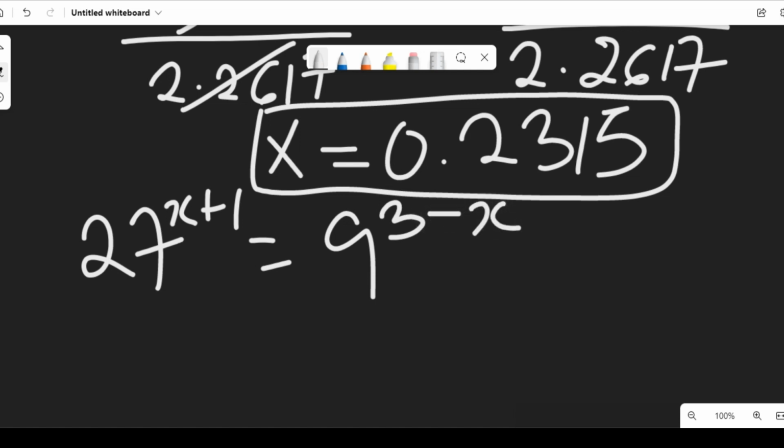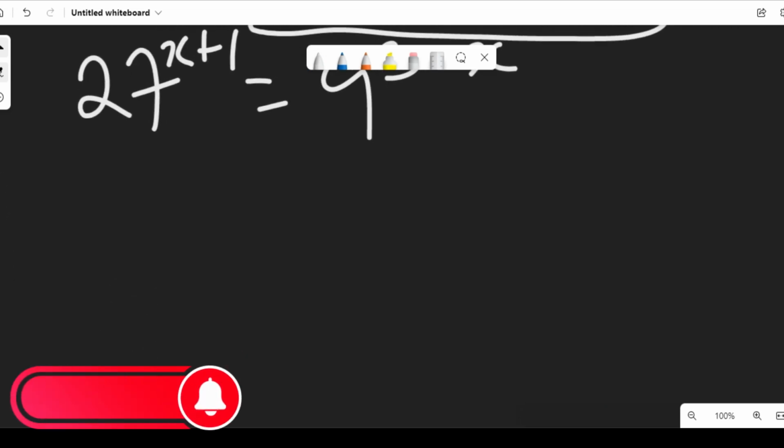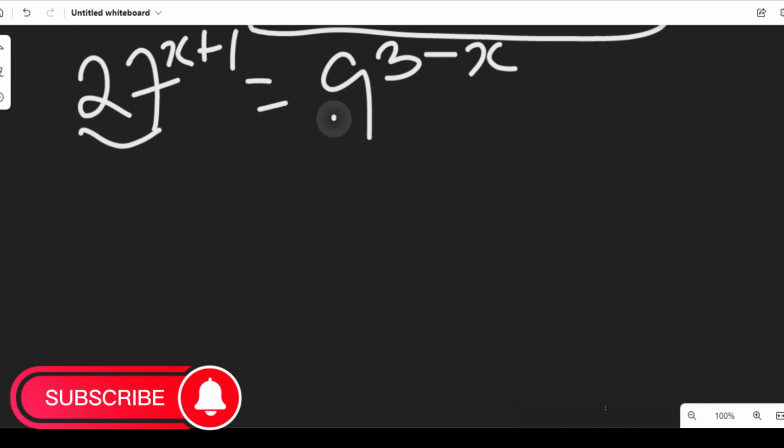If you are given this kind of question, you don't need to use the logarithm. All you need to do is simply find the powers of 27 and 9. Remember, 27 and 9 can be reduced to a given factor.